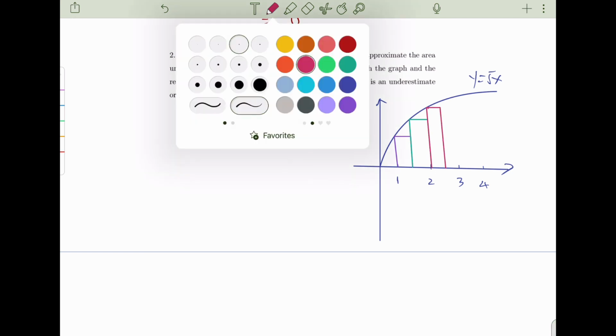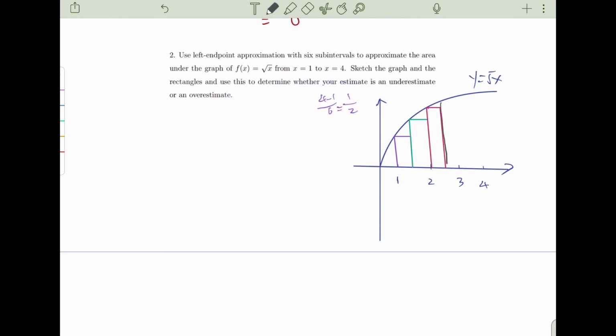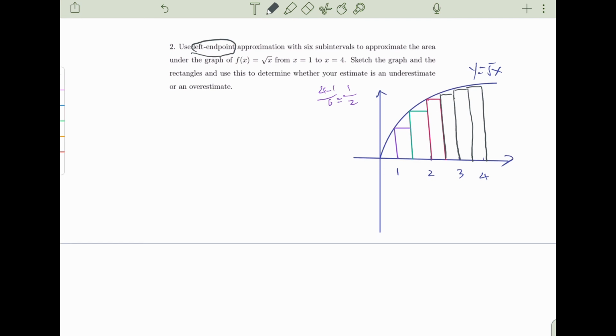And continue. You can imagine how you can build them. Something like this. Okay, so we have 6 small intervals, and this question also says that you need to use the left endpoint. And you see that I'm using the left endpoint to determine the height of the rectangles. So this is the approximation.